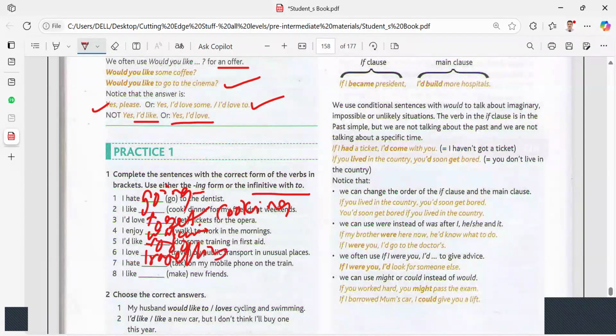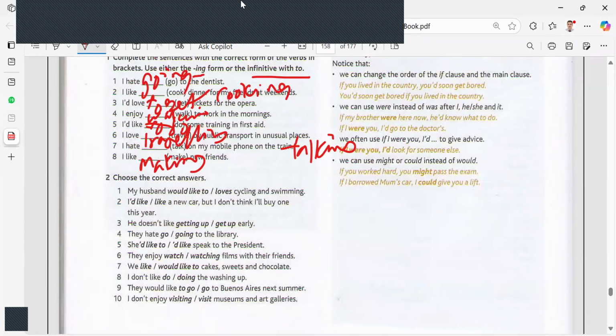Yes, ing. I hate talking on my mobile phone. Talking, yes. I like making new friends. Making. I like making. And please don't forget to drop the e before adding ing. Yes, perfect. Right.